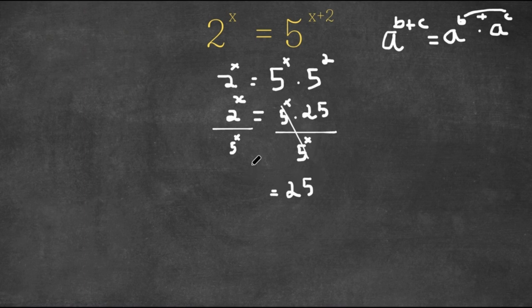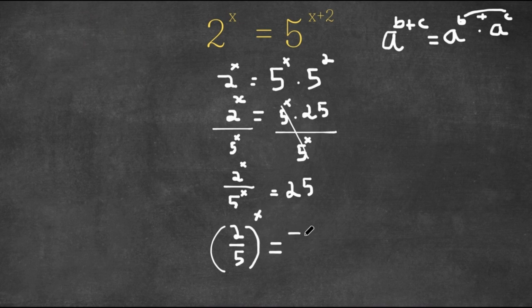And on our left-hand side, we'll have 2 to the power of x over 5 to the power of x. And this can actually be written as 2 over 5, whole power x. And this is equal to 25.